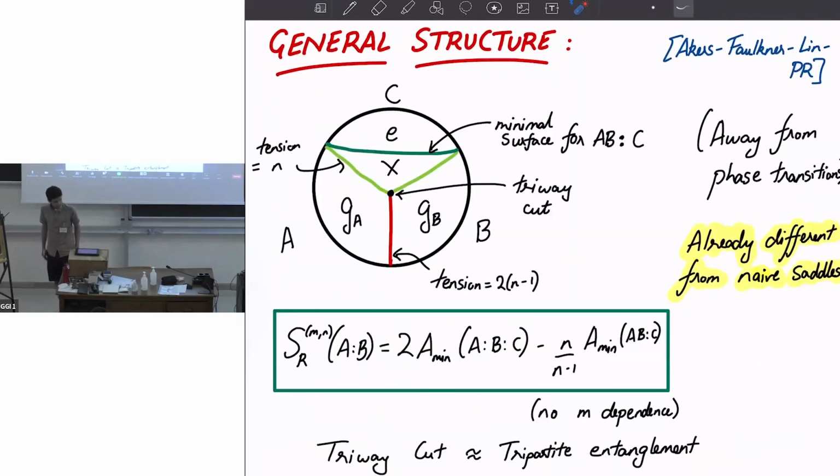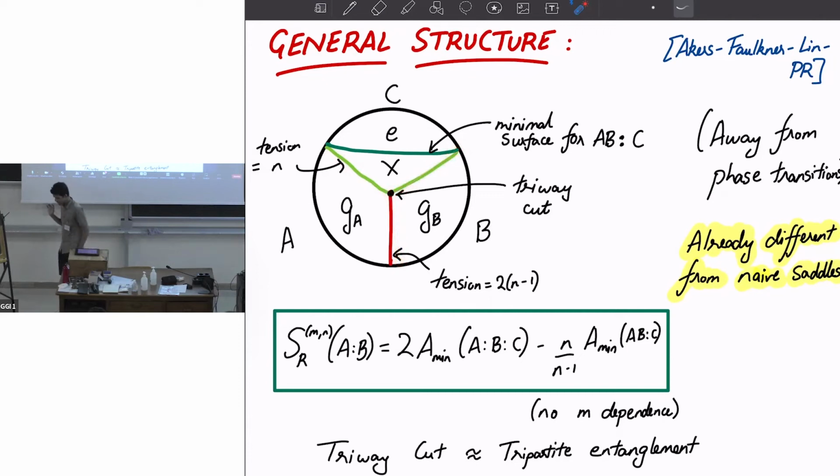Okay, good. So in the end, this is what it comes down to. First you work hard, look at all the permutations, show that this is all that ever matters. And then you have a simple picture for what the phase structure is like. Essentially, firstly, the tensions here are n and 2 times n minus 1.